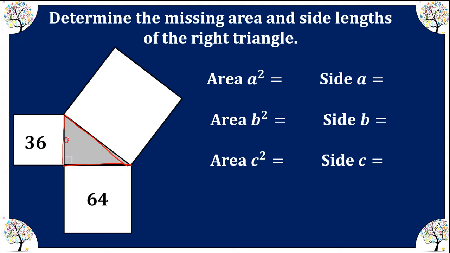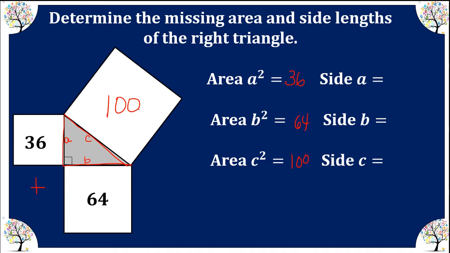So this is going to be side A, side B, and side C. We know that we have an area that's 36, and if we add the area of the other leg squared, we get the sum, and this gives us an area of 100. So we have A squared is 36, B squared is 64, and C squared is 100.